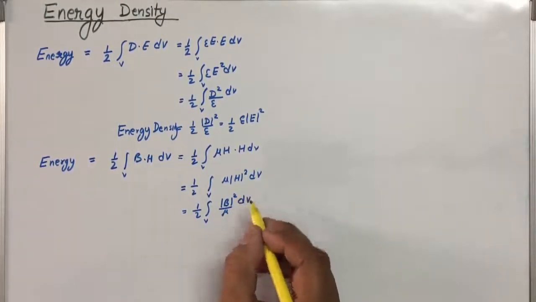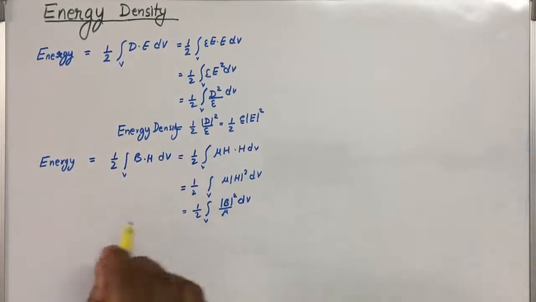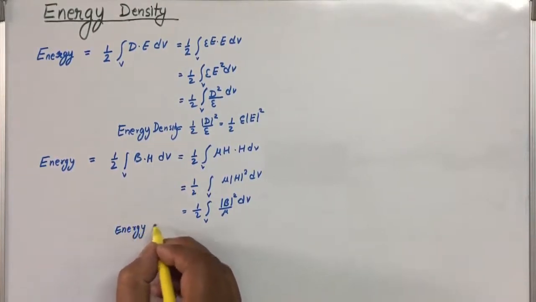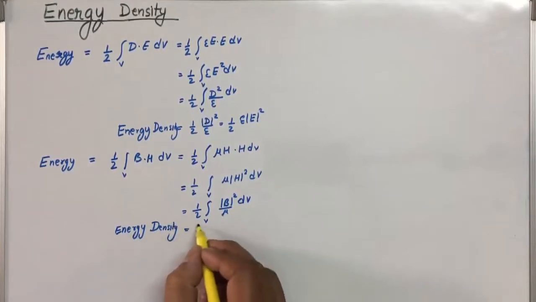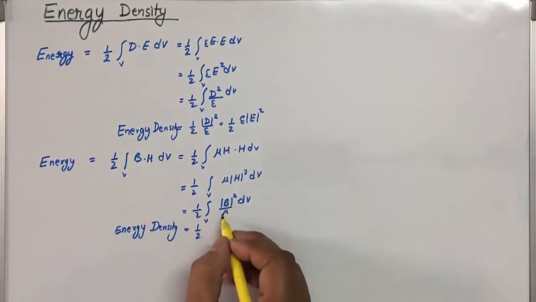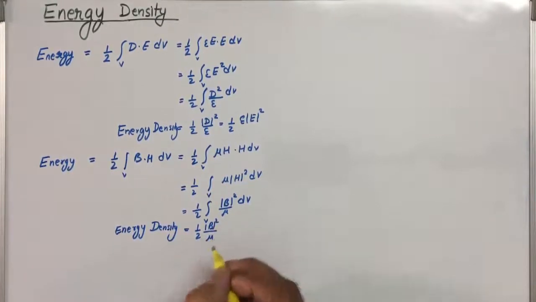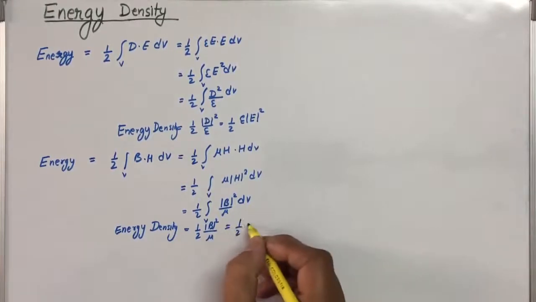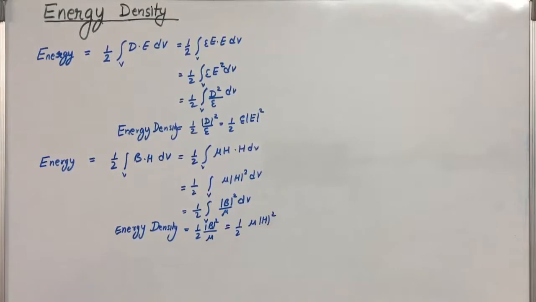If we write in the form of density, since this is just energy, and we try to find the energy density, then we have half B square by permeability, or half permeability times H square.